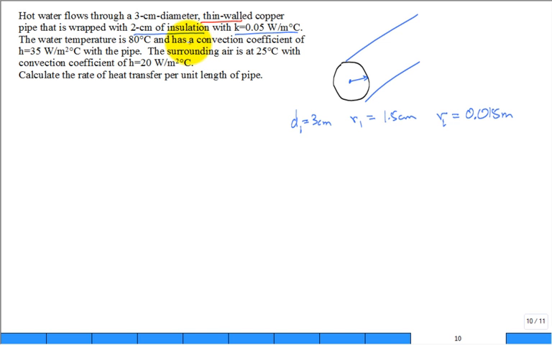It's the thickness of the insulation. So t, the thickness of the insulation, is 2 centimeters. If I wanted r2, it would be r1 plus the thickness of the insulation, which means it's 3.5 centimeters for r2, so r2 is equal to 0.035 meters. I know that's error prone. Please don't make a mistake like that on the exam.